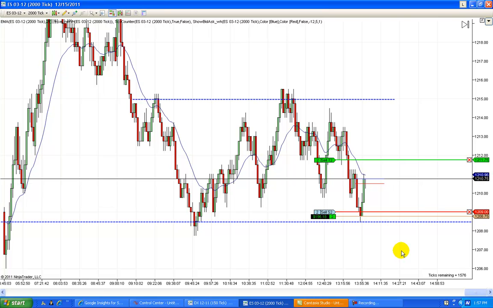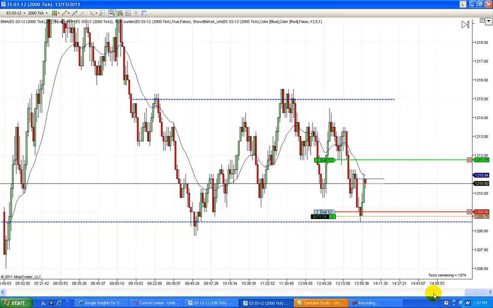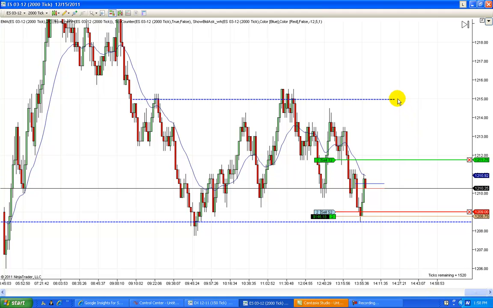But this is the type of area where you want to try to hold your runners to try to catch multiple points, because prices are likely to come back and test the high now after coming off this low, if we're going to stay in the trading range.